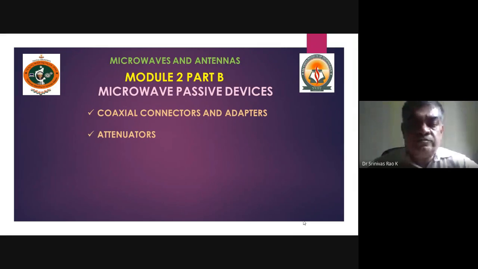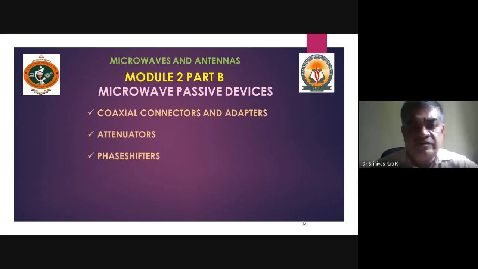We want that only 30%, or say 50%, of the signal should reach the load, because of certain reasons. So at that time we use these attenuators. An attenuator does the job that is the reverse of amplification. Attenuation is the reverse of amplification.